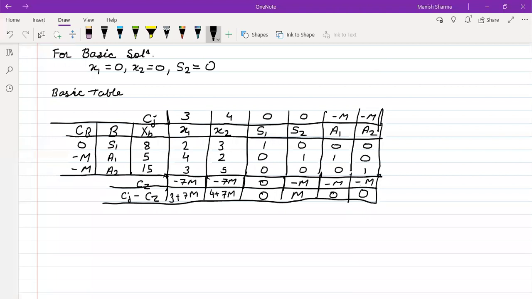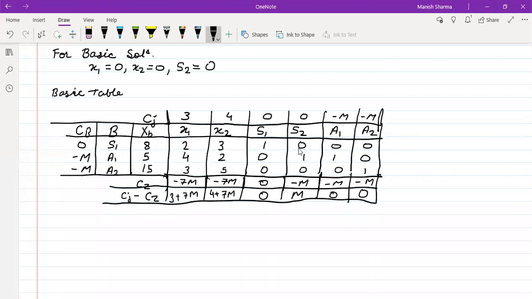Sir, how had we calculated the Zj as minus 7M and minus 7M? See, this is CB into x1.